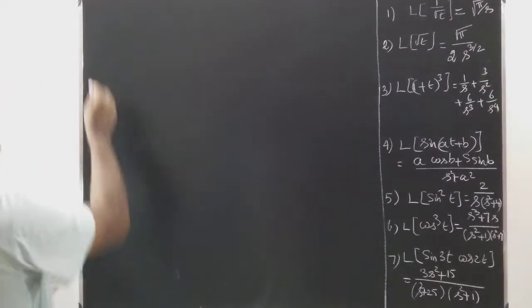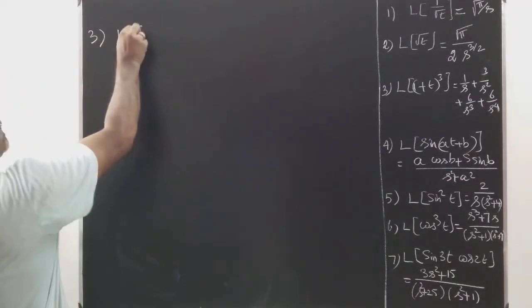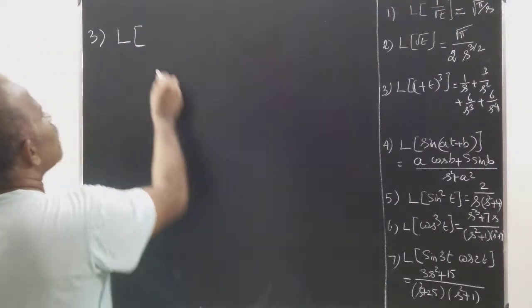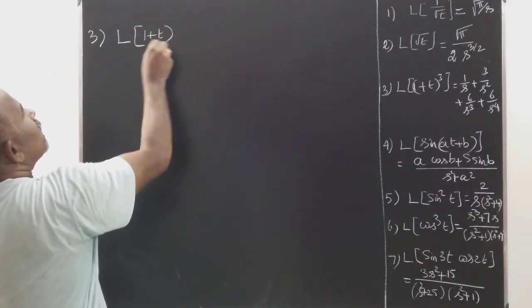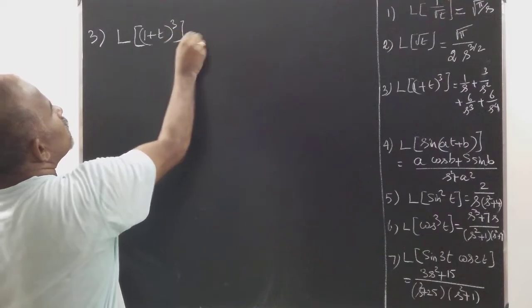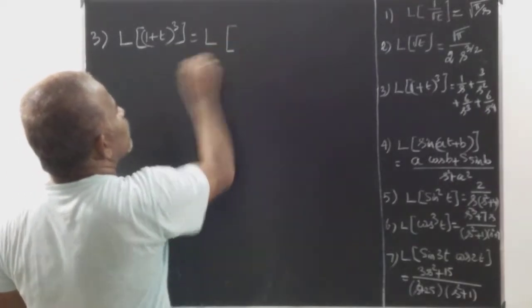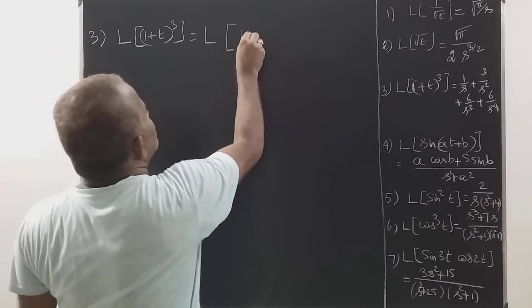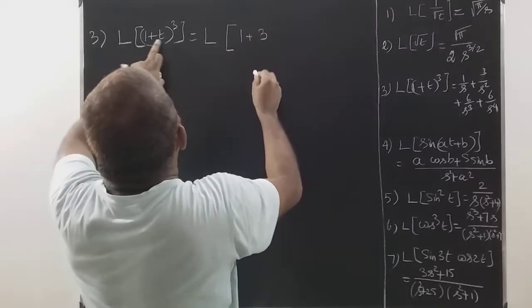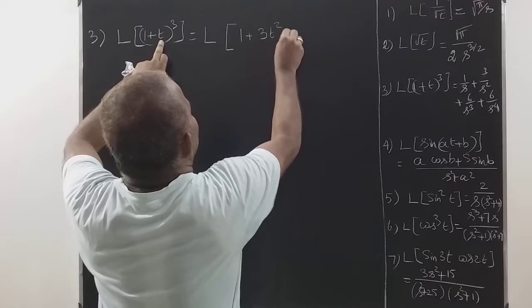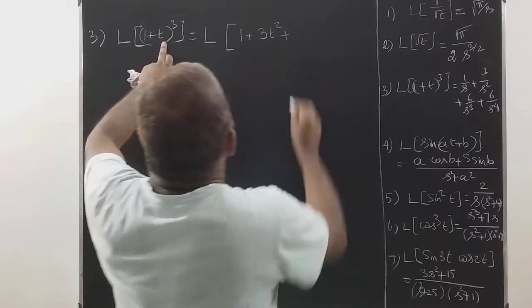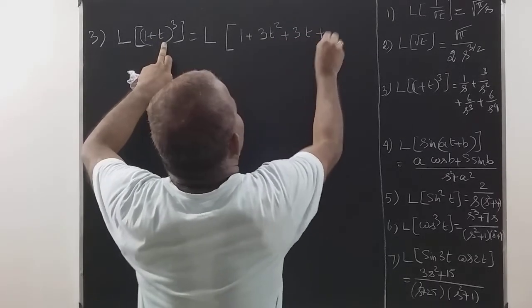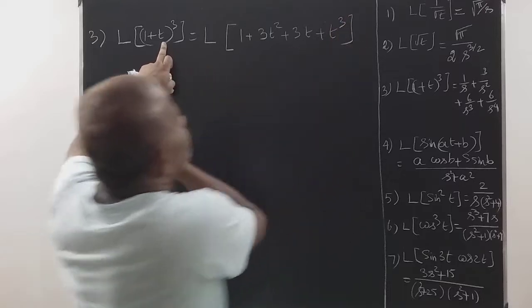Number 3, Laplace transformation of 1 plus t the whole cube. This is equal to Laplace transformation of a plus b the whole cube. Formula is a cube plus 3ab square plus 3a squared b plus b cube.